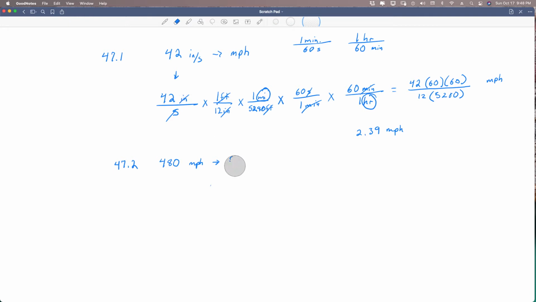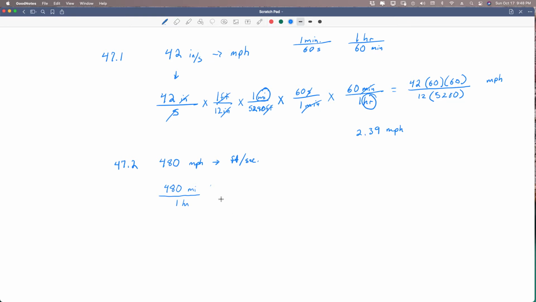You can write that however you want, but it's probably better to use feet per second so you don't forget what you're doing. All right, so first we need to do miles per hour. We're going to recognize our unit of measure is miles, so 480 miles, and that's per 1 hour. Okay, see how I did that?